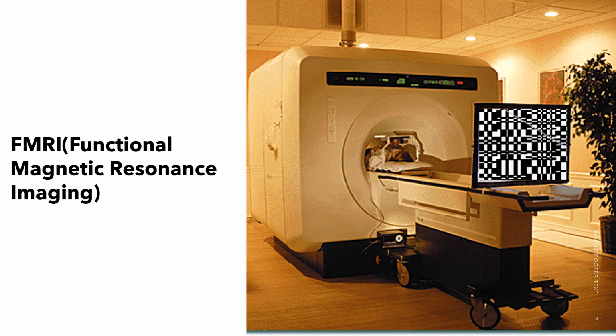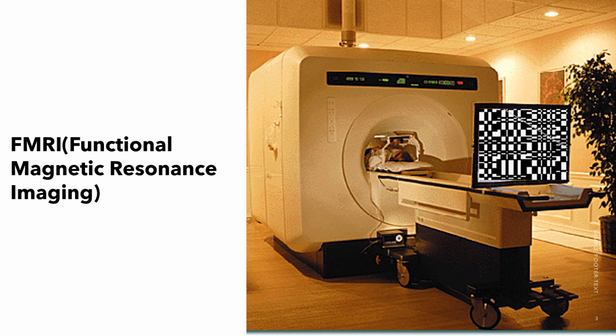The important part is that during an fMRI scan, the patient actually lies still inside a large tunnel-like scanner, which you can see in the image, while the machine actually generates a powerful magnetic field around it.